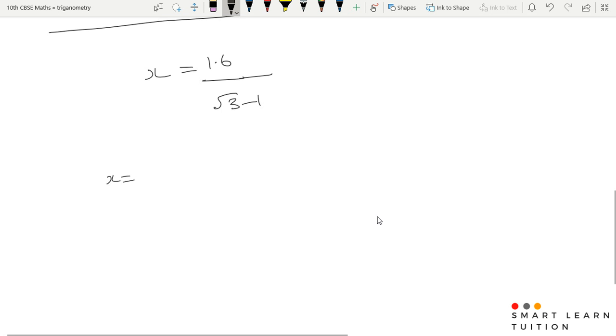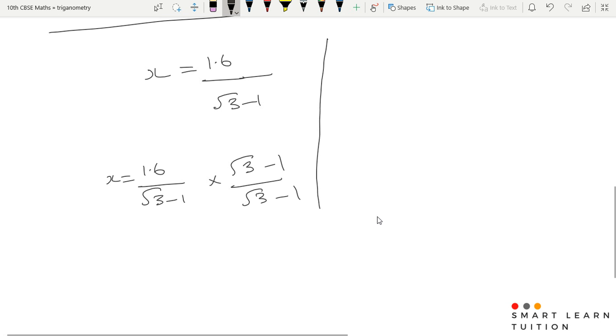So x equals 1.6 by root 3 minus 1, into root 3 plus 1 divided by root 3 plus 1. The denominator is in the form a minus b into a plus b, so we multiply by the opposite sign. a minus b into a plus b is a square minus b square.